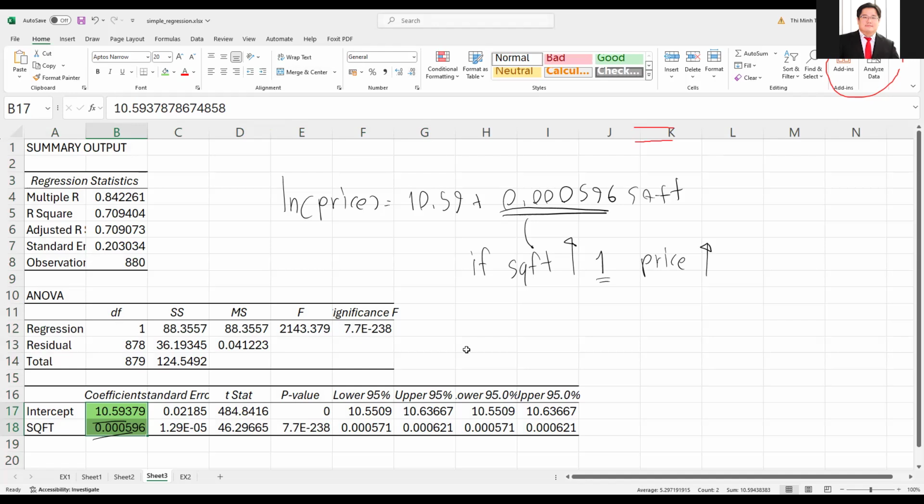But if you use log, you have to interpret it as a percentage. So you have to multiply this number by 100. So 100 multiplied by this, you get 0.0596%. If it's log, you have to express it as a percent. Do not forget to multiply it by 100.